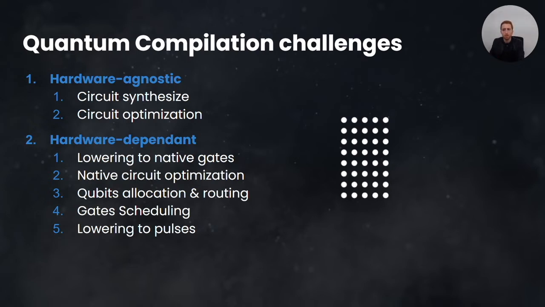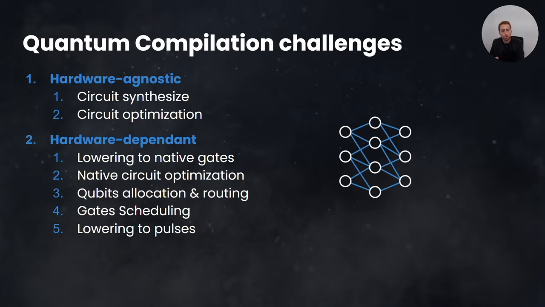Now, given some specific hardware and qubits and control system and so on, you might need to translate some of the gates to the natively supported gates, right? But then maybe you need to re-optimize the circuit. Thirdly, we need to take into account the connectivity of the qubits. Maybe not all of the qubits are connected, which is the most common case, and we need to add swaps. We need to route qubits around.